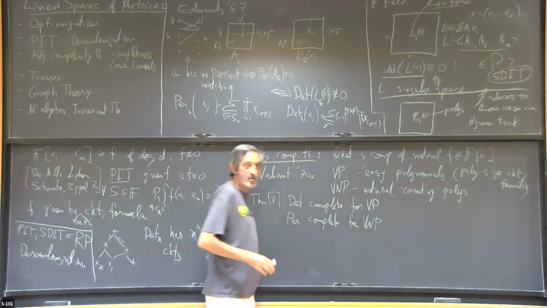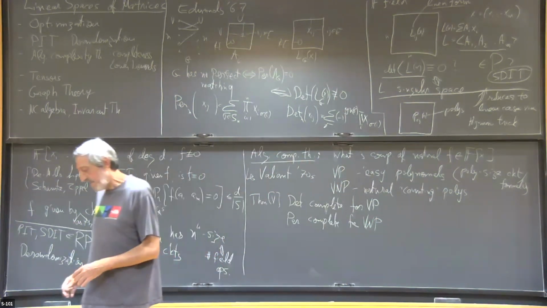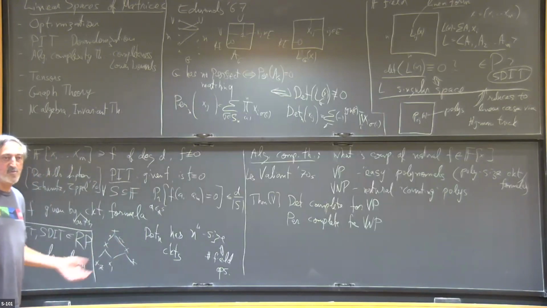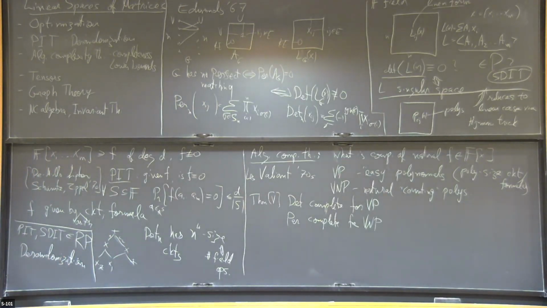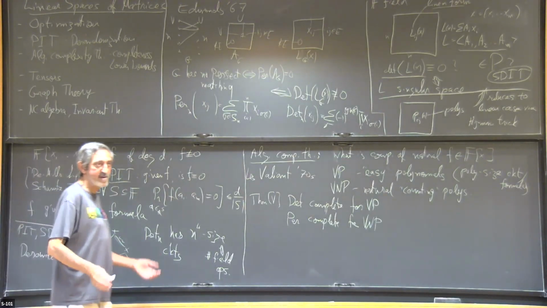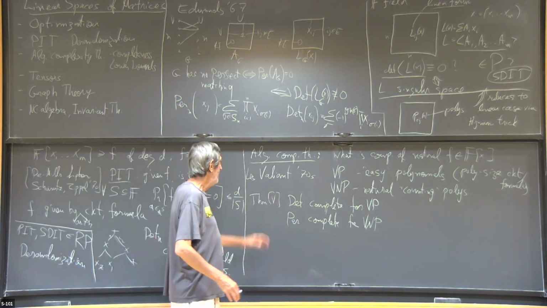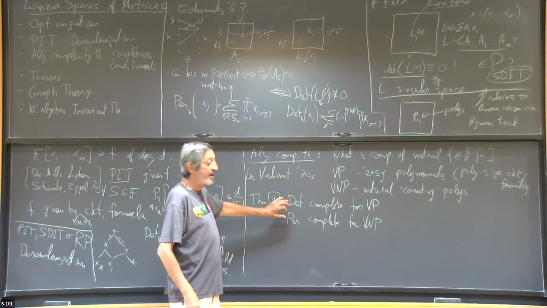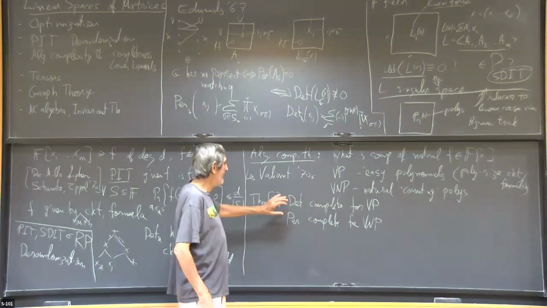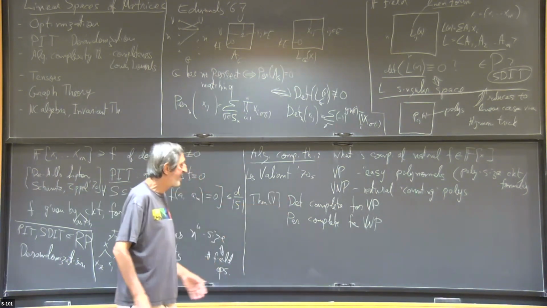Just like you know that you can define NP as everything reducible to satisfiability or Hamiltonian cycle, and P as everything reducible with appropriate reductions to linear programming, it's the same for algebraic complexity, and it's even a cleaner theory than the Boolean case.